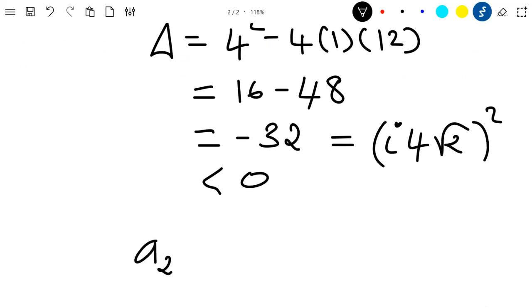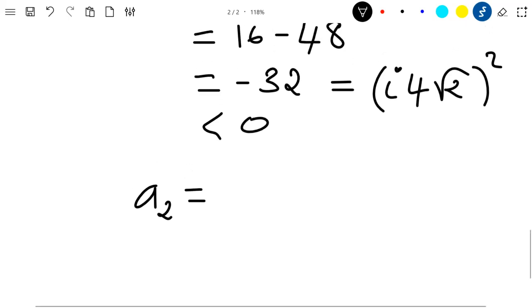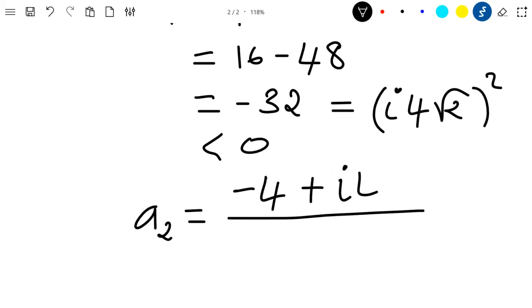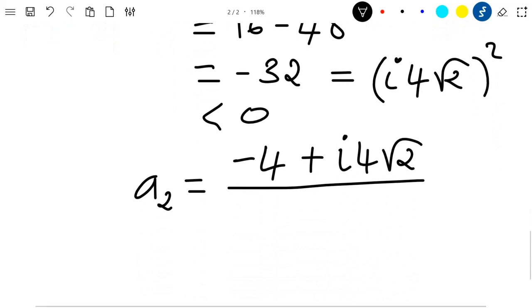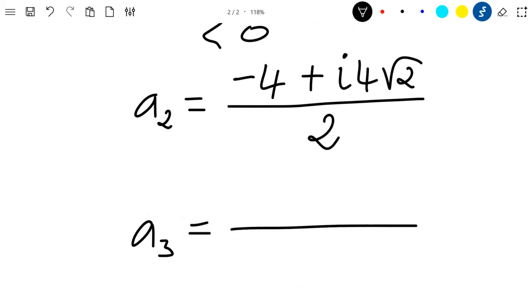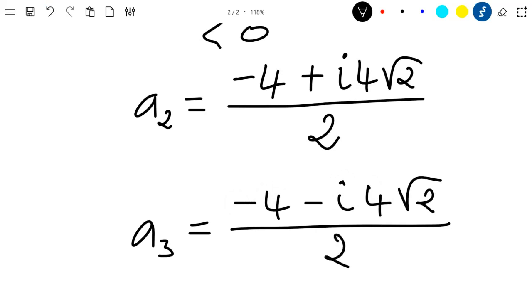So we have a2 equal to minus b, with b equal to 4, so minus 4 plus the square root of delta, so plus i 4 square root of 2, divided by 2a. a is 1, so divided by 2. The third solution is a3, the same thing: minus 4 minus the square root of delta, divided by 2.